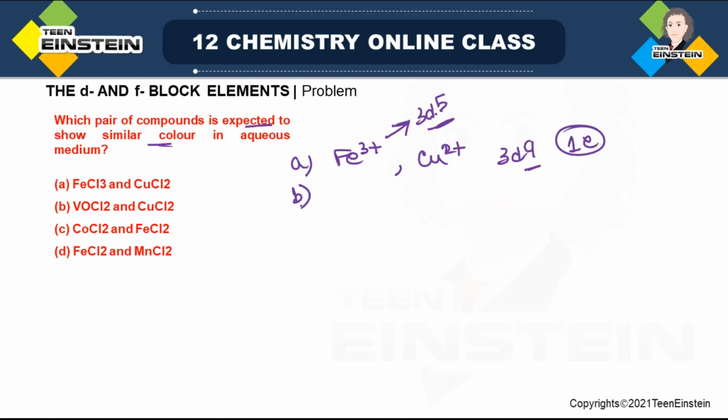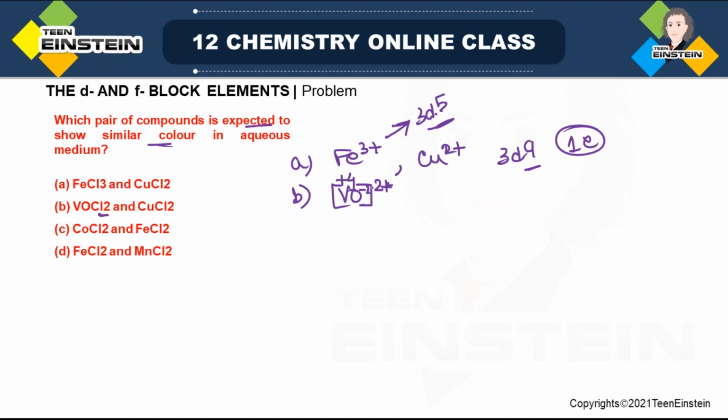Then option B, here the molecule is VOCl2. Now if you remove Cl2, 2 negative charge you have removed, that means it is vanadium oxygen carrying 2 plus charge. Now if it is 2 plus charge and for oxygen we know it is minus 2, that means here the oxidation state for vanadium is plus 4.